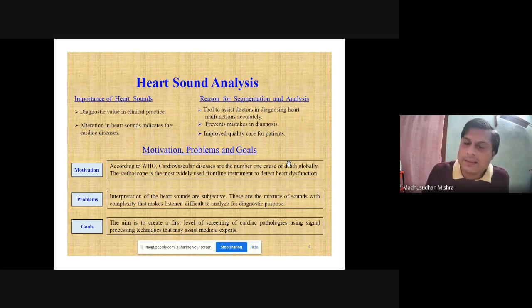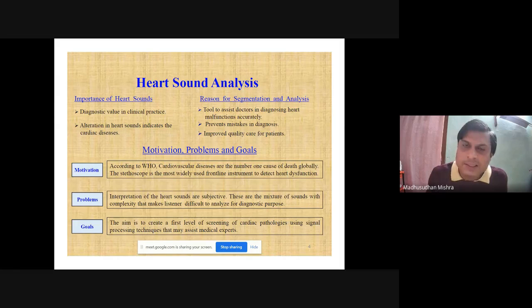When a physician or cardiologist does auscultation, trying to hear heart sounds and understand cardiac abnormalities, this process is quite subjective, requires expertise, and varies from person to person.